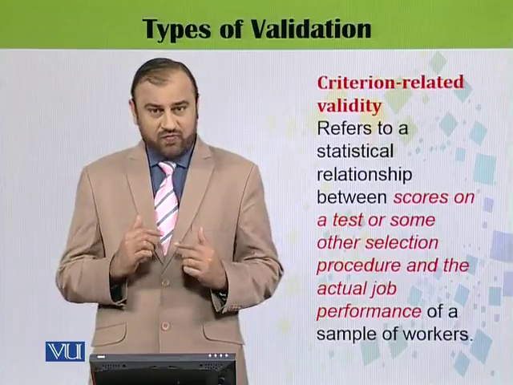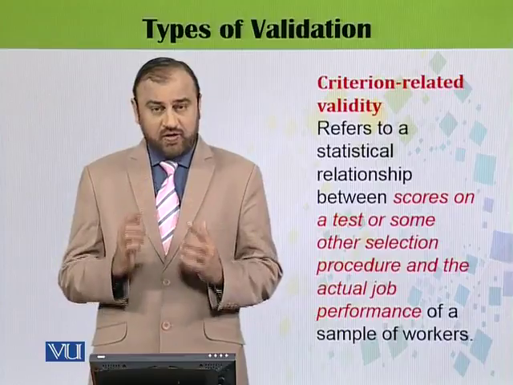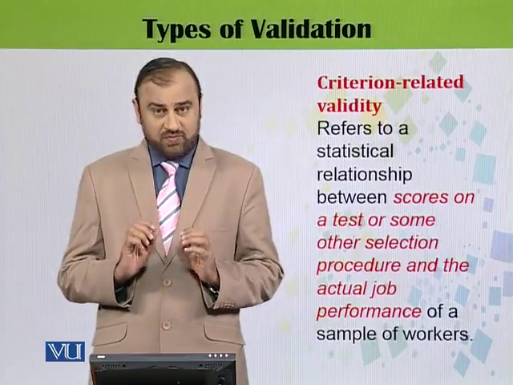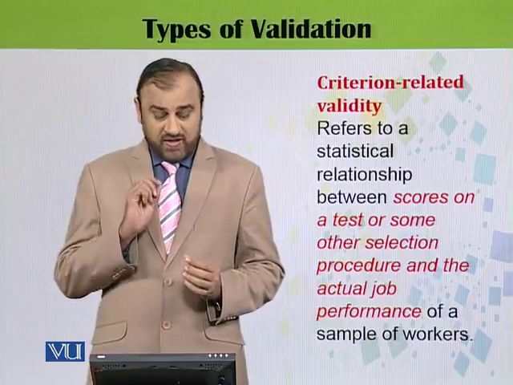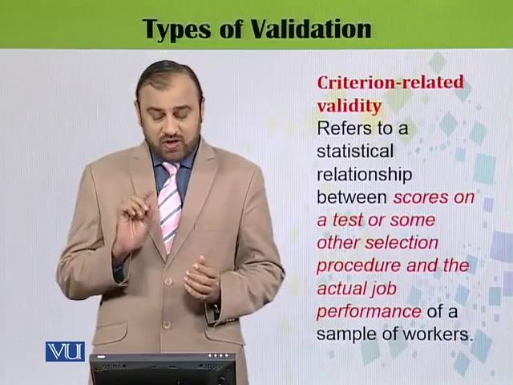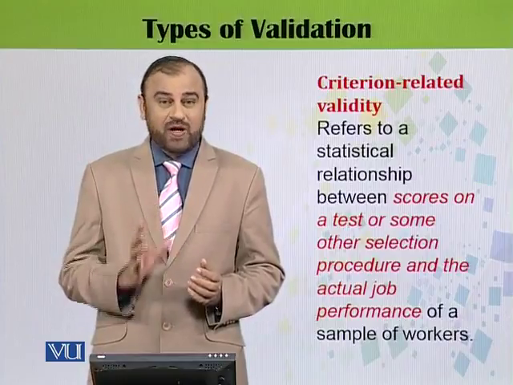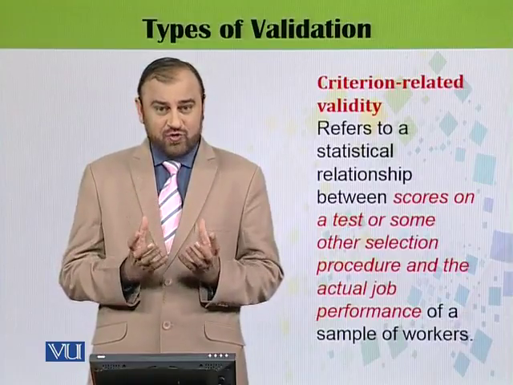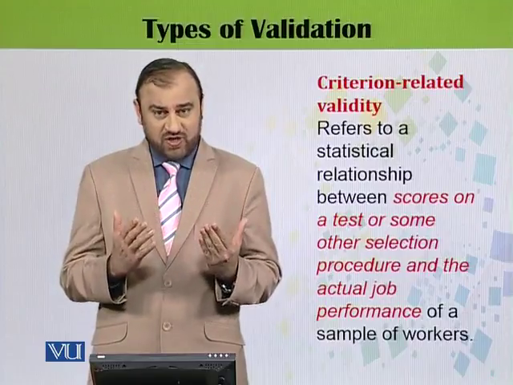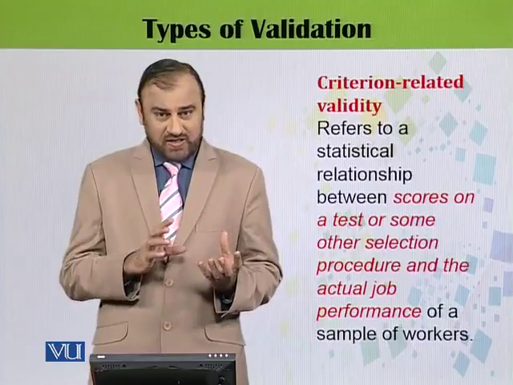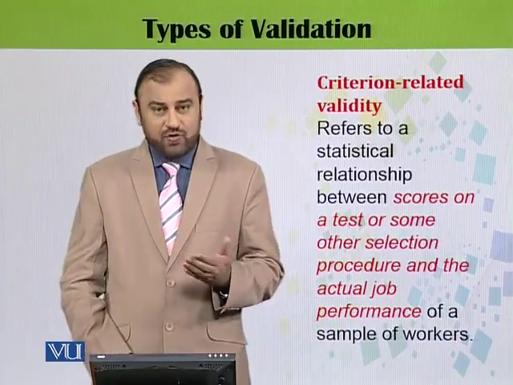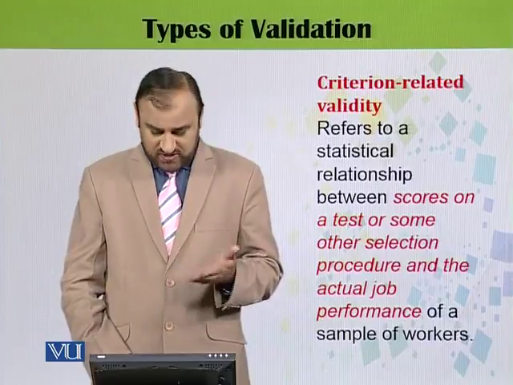So, I will repeat it for you: criterion related validity refers to a statistical relationship between scores on a test or some other selection procedure and the actual job performance of a sample of workers. You have to choose a sample of workers and draw a statistical relationship between the score on the test and the actual job performance of those workers, and that would tell you how valid your test is.